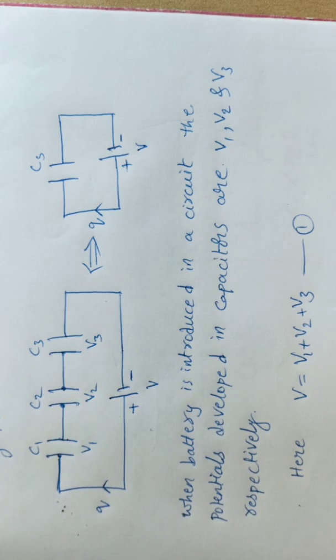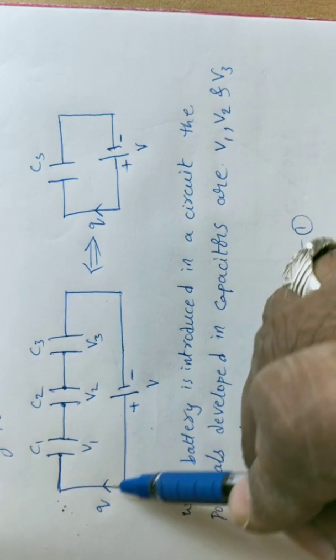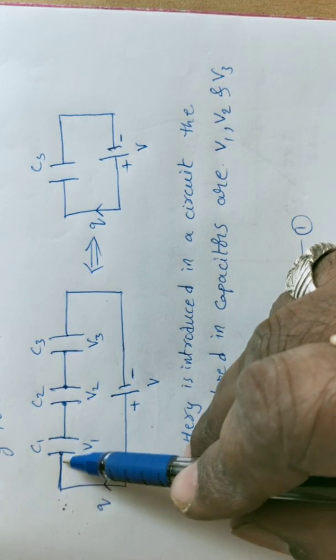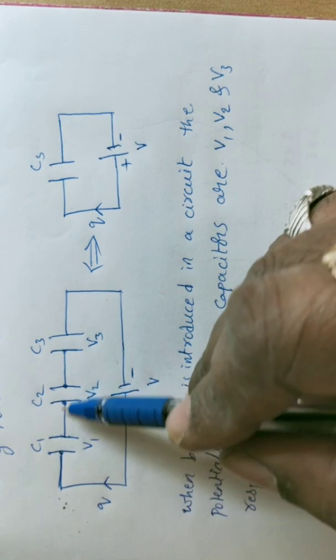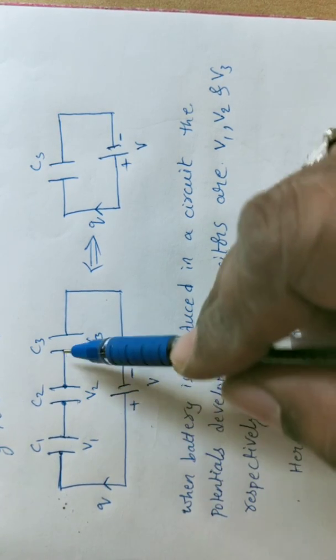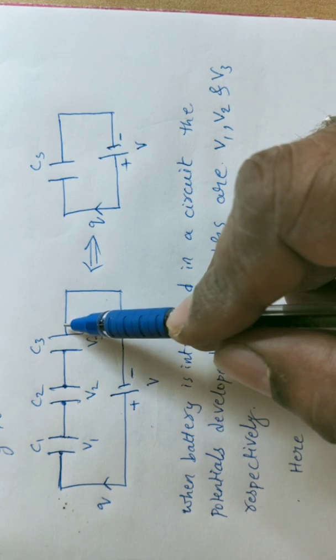So friends, a very important point: if a charge Q is present, the same charge passes through C1, and then through C2, and then through C3.